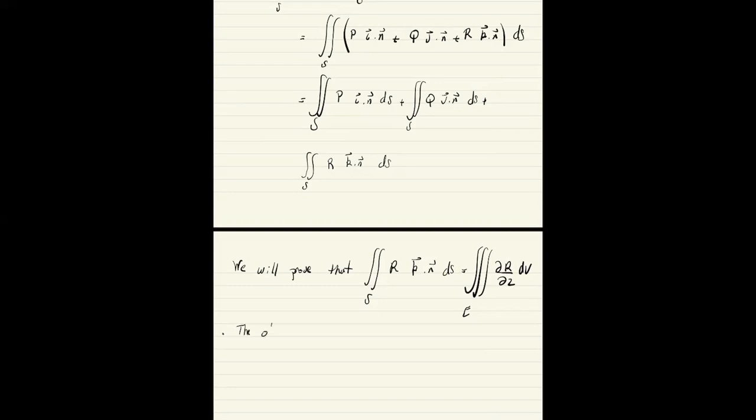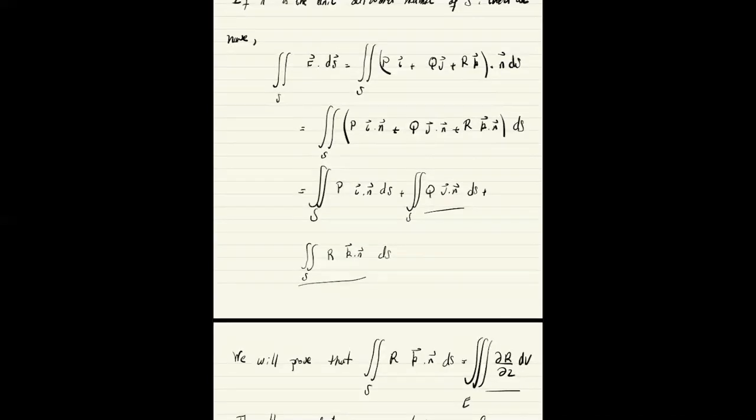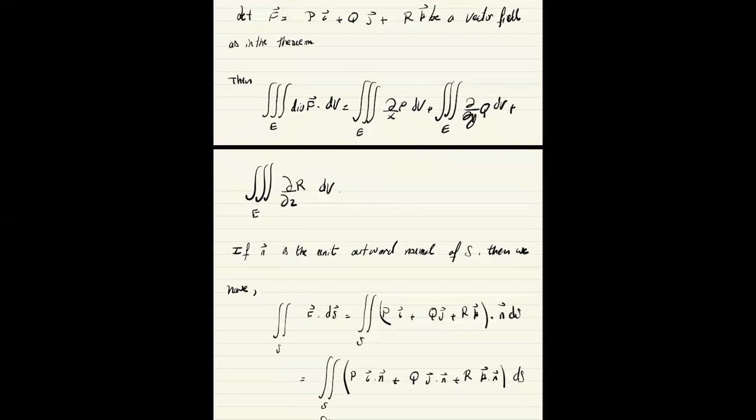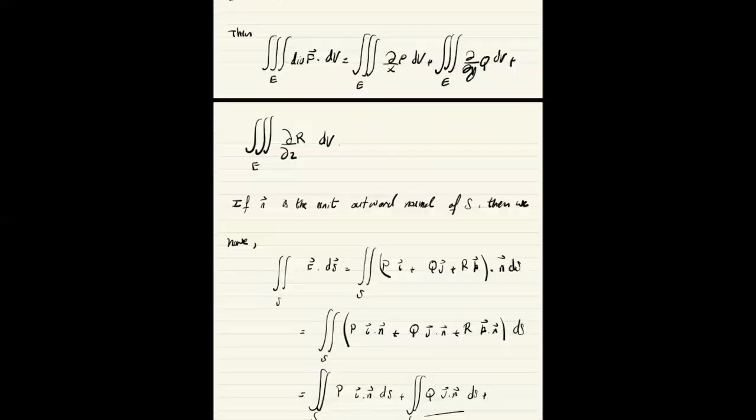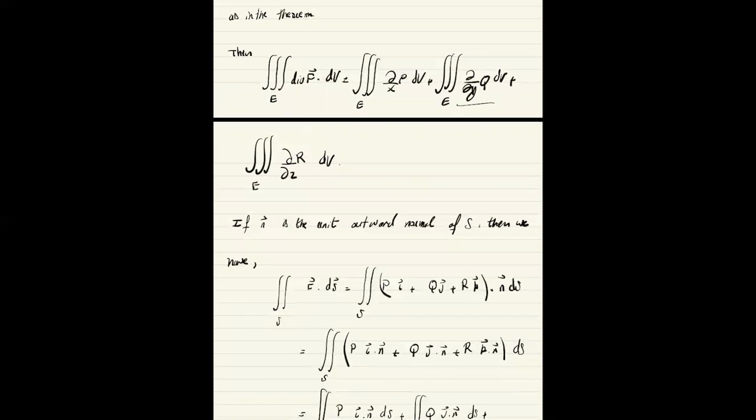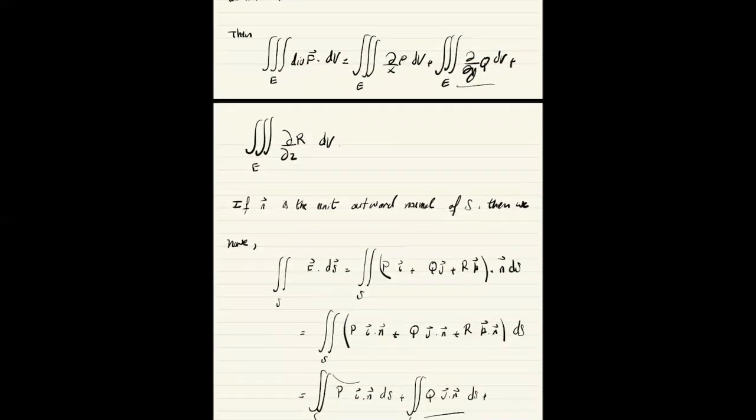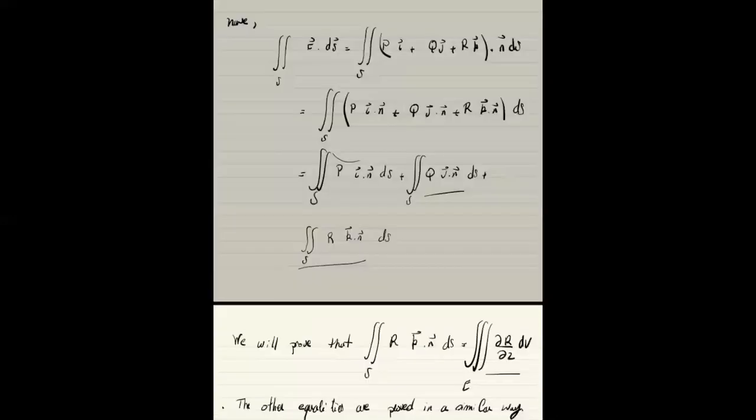The other equalities are proved in a similar way, in the sense that if you prove that this one is equal to del R over del z, this one is equal to del Q over del y, and the first one is equal to del P over del x, then you prove the divergence theorem. So we're going to prove one of them.